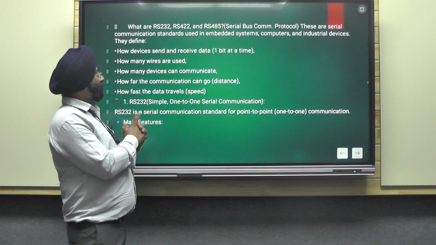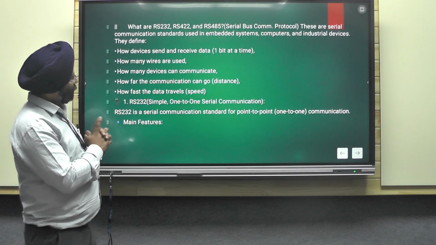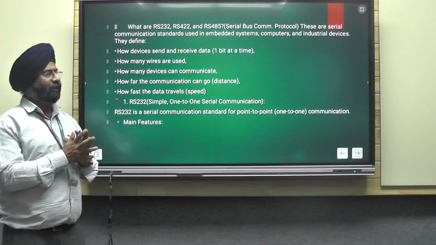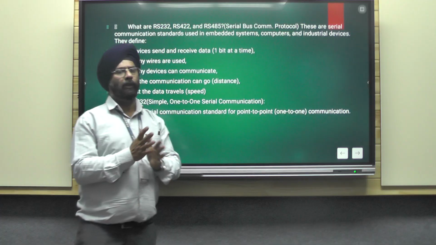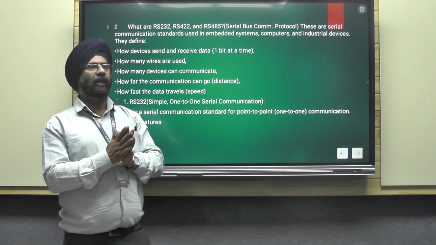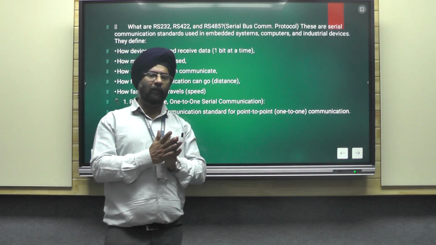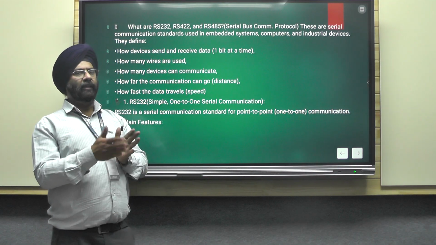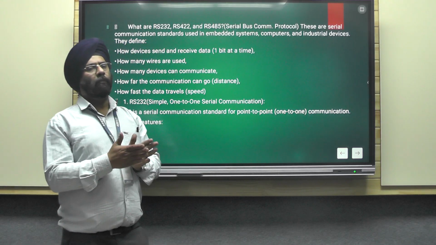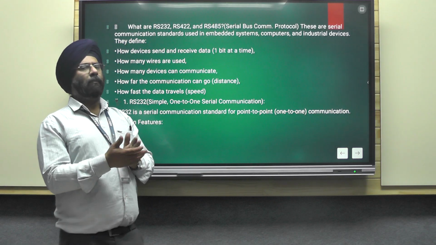In today's class, we have the recommended standards. The first standards are 232, 422 and 485. This is the serial bus communication protocol. Already in the previous lecture, I told that in serial bus communication, one bit is sent at one time and not all the bits are sent. That is in parallel communication.